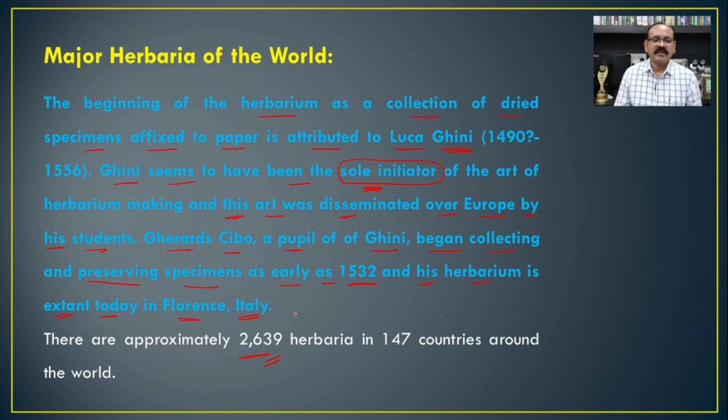Even there is a possibility of around 3,000 herbaria in our country also, because every educational institute, or even research institutes, maintain herbaria. In my department also there are around 6,000 specimens of angiosperms collected from Bhandara and Nagpur district.